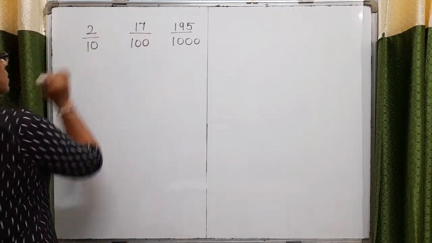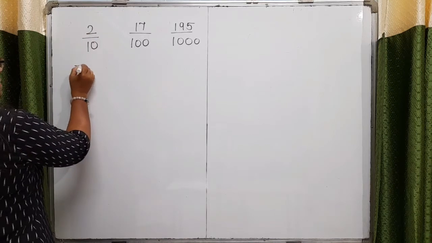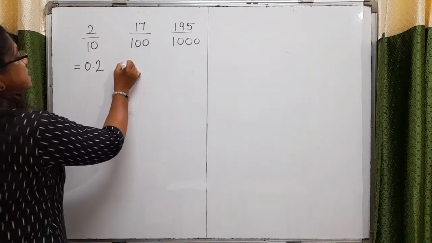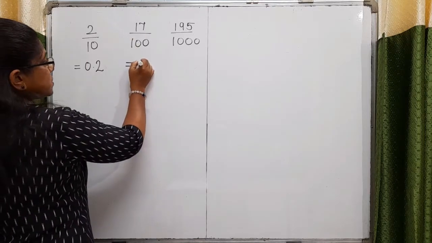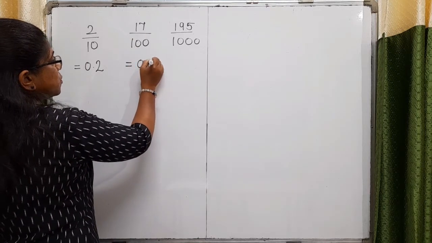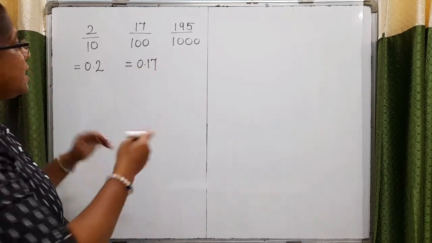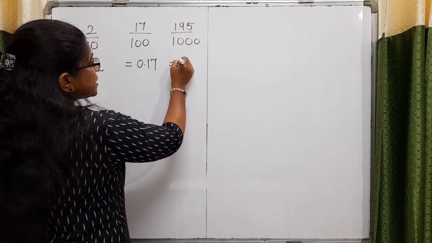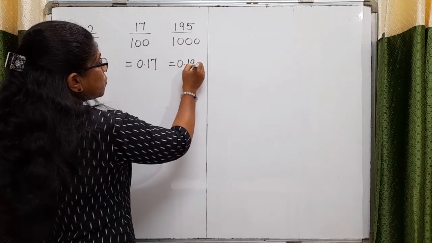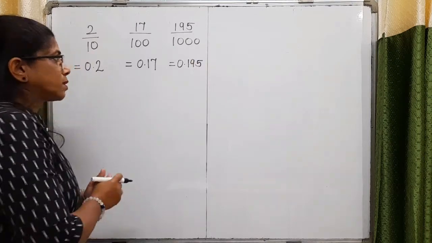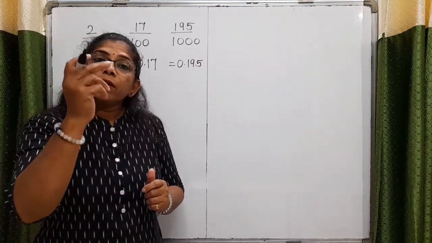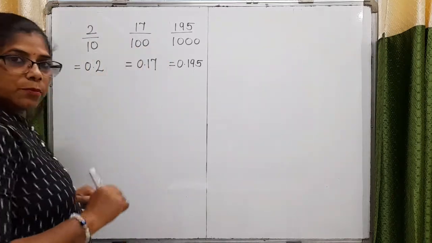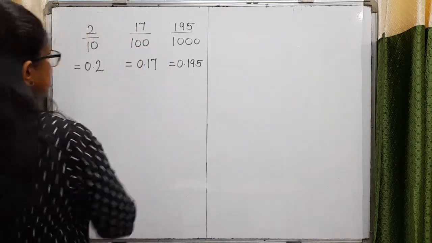Now here 2 upon 10 is expressed as 0.2. 17 upon 100 is expressed as 0.17, and 195 upon 1000 is expressed as 0.195. Now how did I write this? Which rule did I use here? One more example I will give, and then I will make the rule clear to you.